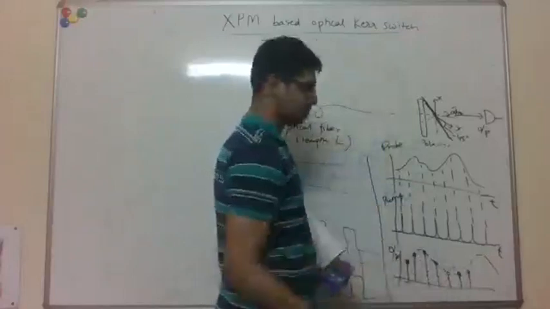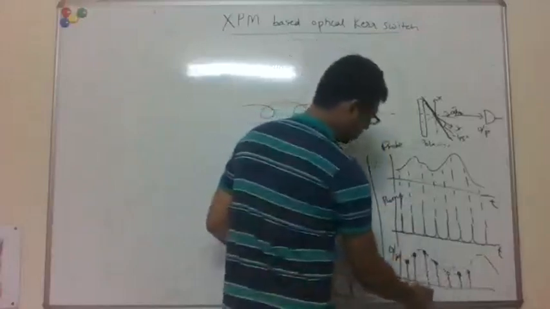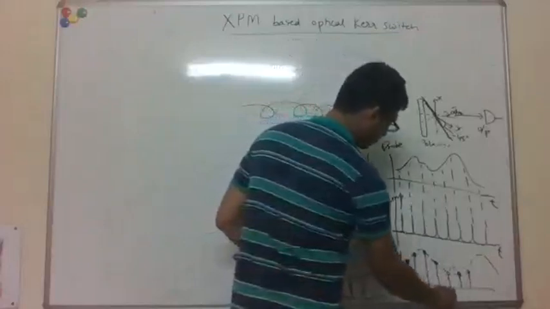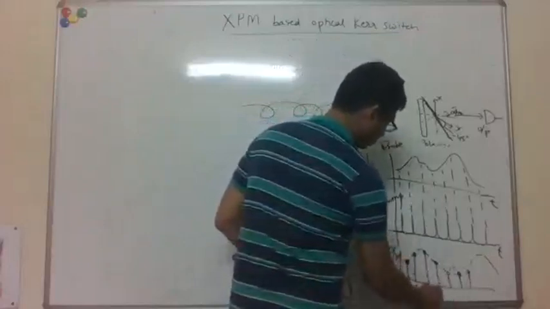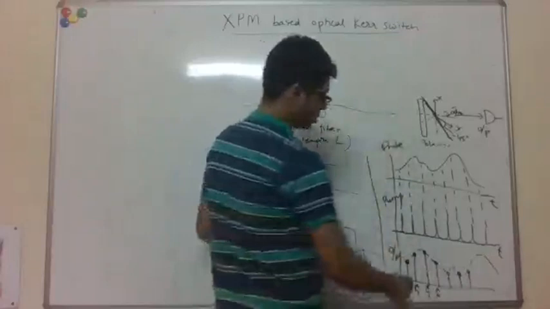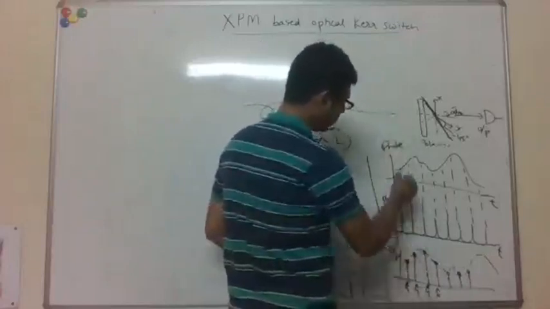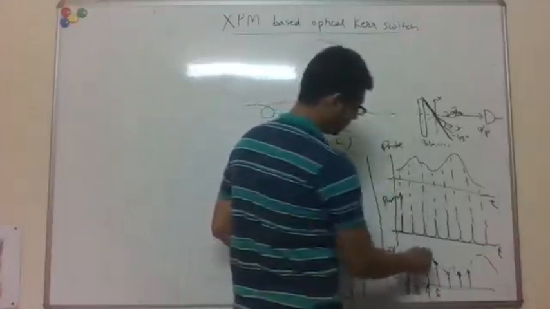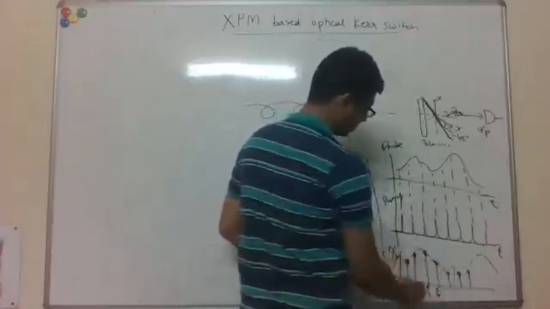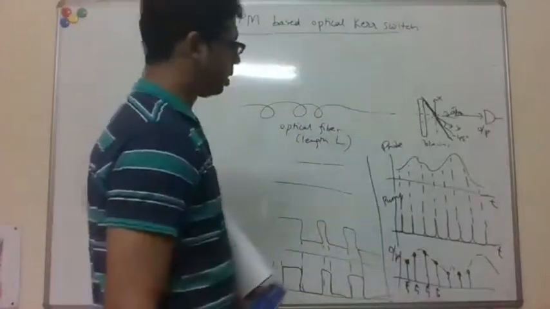So you want samples at times T1, T2, T3, T4, and the sampling rate is basically the interval between these. Whenever the pump pulse comes, you get the value of the probe intensity at that time. But the output intensity will be different from the input probe intensity.